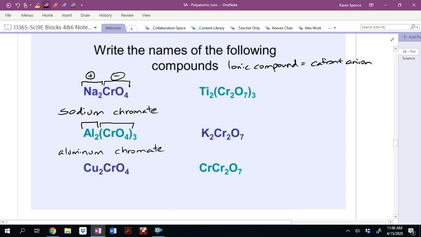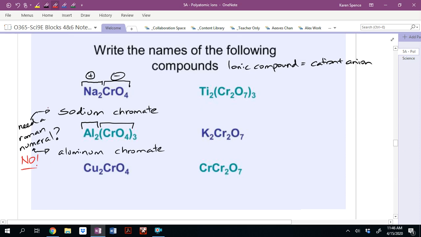Do either the sodium chromate or the aluminum chromate need a Roman numeral? Do they? And the answer is no.